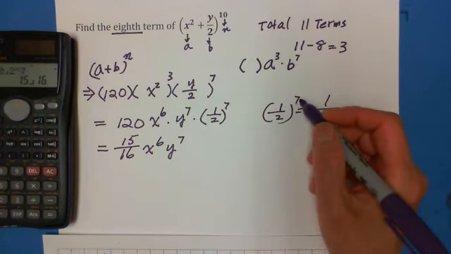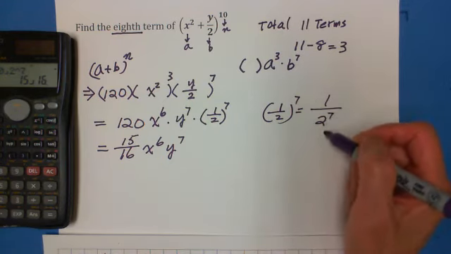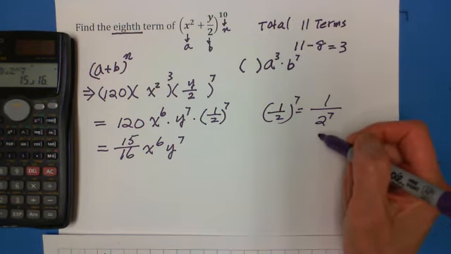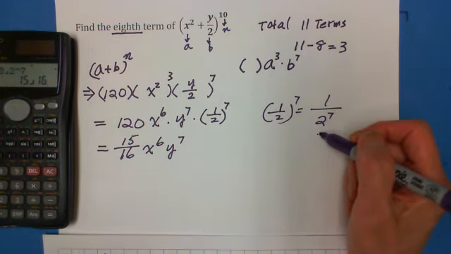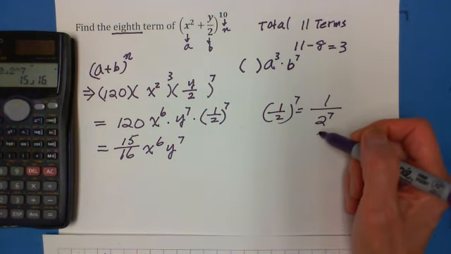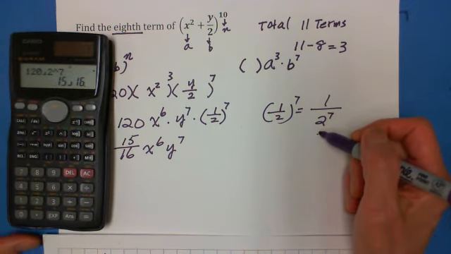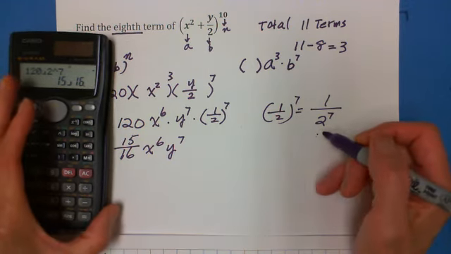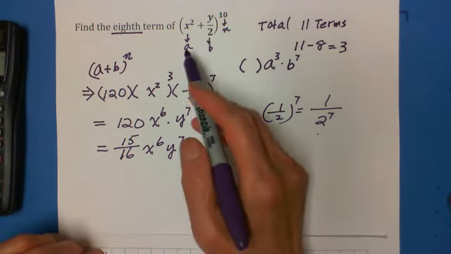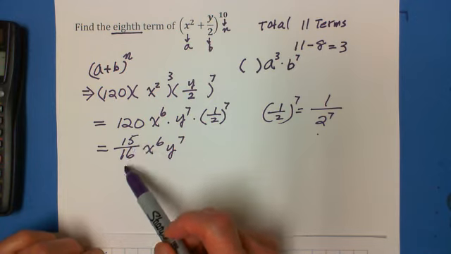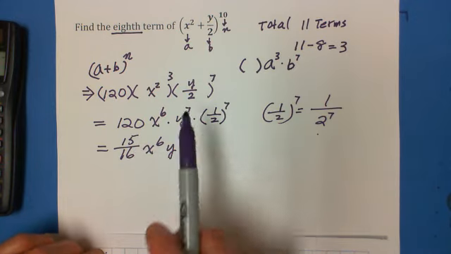So you just put the 7 exponent in the denominator, enter 120 over 2 to the 7 exponent, and it gives you 15 over 16, already simplified. So the eighth term of this expansion is 15 over 16 x to the 6 y to the 7.